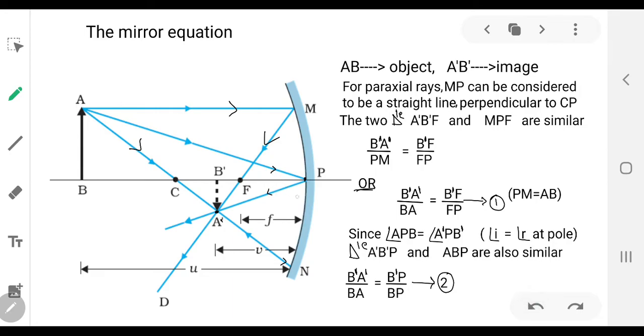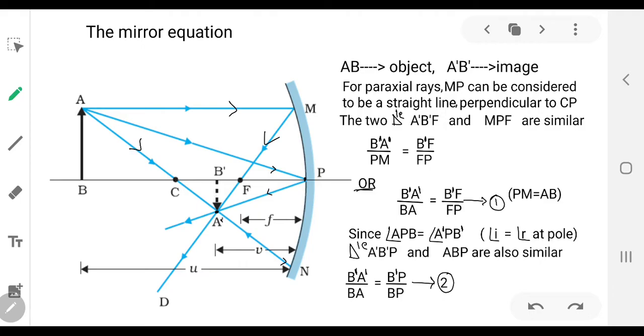So all these three rays meet at point A dash, which gives the image of the point A. So we can draw the image A dash B dash.